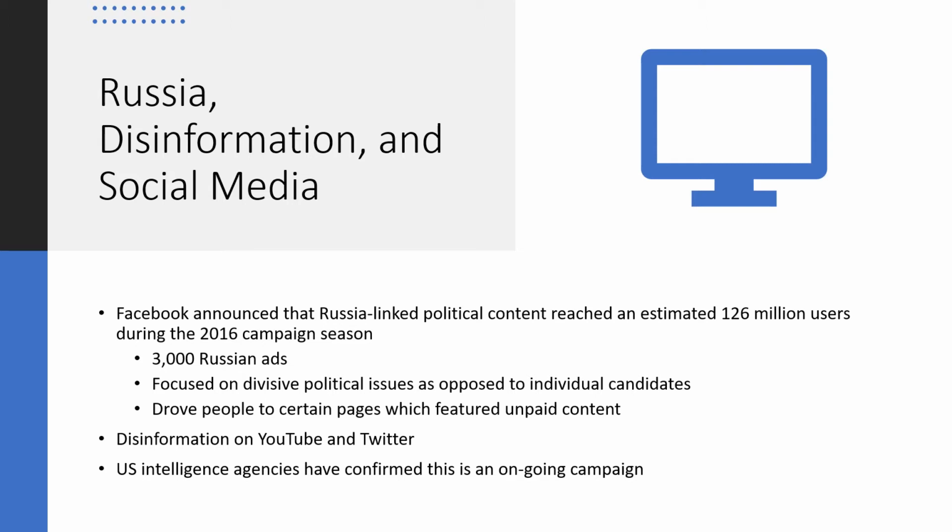I'll show you a couple examples here in a moment. And oftentimes the ads just tried to drive people to Facebook landing pages that are free, of course. So this disinformation campaign did not cost the Russian government very much. Facebook was inundated with disinformation, but it was also found on YouTube and Twitter and other social media platforms.